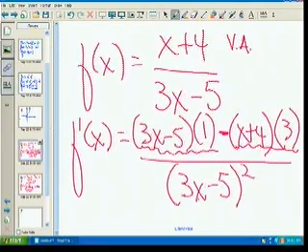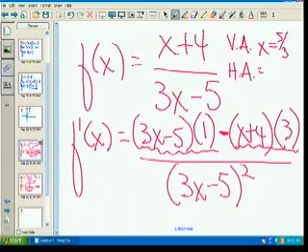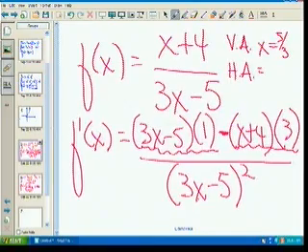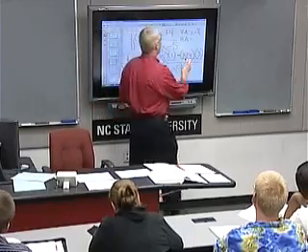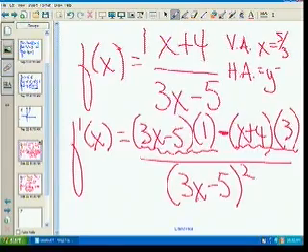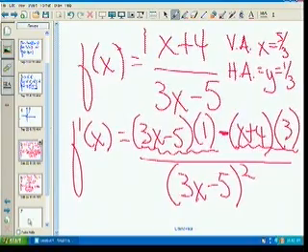Okay, so that'd be a vertical. Any horizontal asymptotes? 1/3, right? It'd be the limit of this as x approaches infinity, so it'd be 1/3. All right, so x equals 5/3, y equals 1/3.